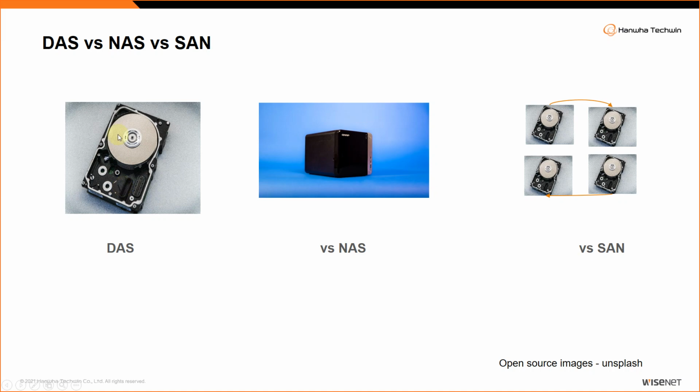SAN, DAS, NAS. Most commonly used in CCTV for small projects is DAS. NVR with built-in storage is DAS, server with built-in storage is DAS. Server with central storage, network storage connected over fiber networks, these are all SAN-based storage.